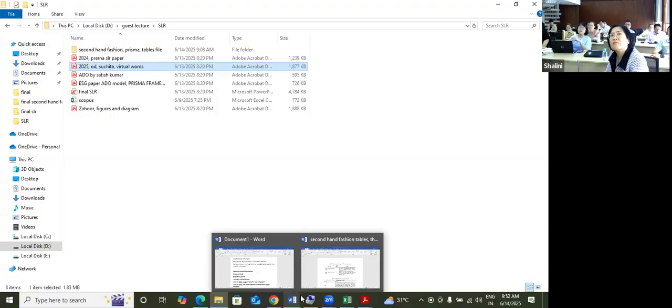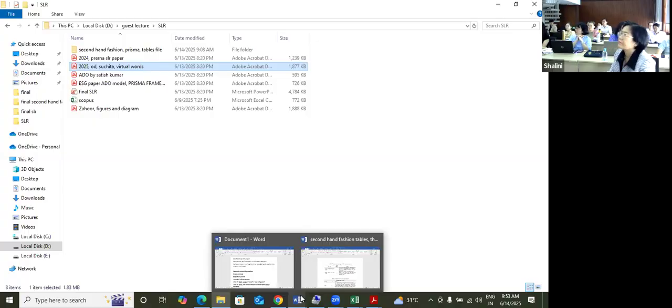This is Prerna SLR paper. This is again A category, Journal of Economic Survey. And there is another paper, virtual words, that got published only recently. This is again A category. So three A category papers, and other papers are from different categories, B or C category, to be very honest.